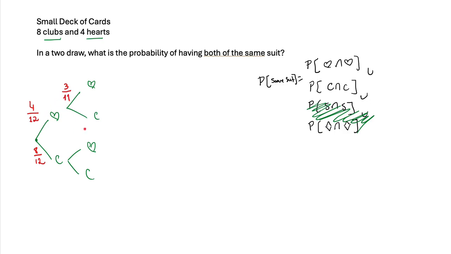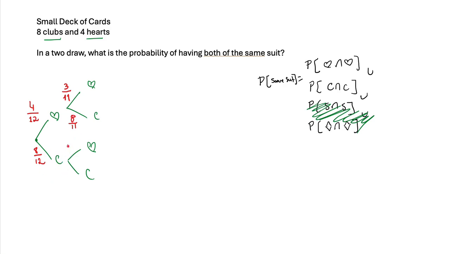I can think the same way for this branch, but I'm just going to use the property where how much do I have to sum up to 3 to get to 11 11ths, or a whole, right? So I have to sum up 8 11ths plus 3 11ths to have 11 11ths. And look at this branch here. This is a conditional probability. This is the conditional probability of having a hearts, given that I had a clubs first.